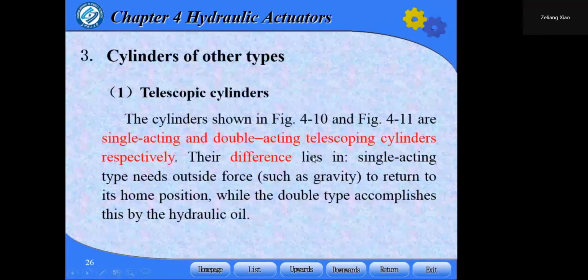The difference between them is that the single acting type relies on outside force to return to its home position, while the double acting type accomplishes this by hydraulic force.